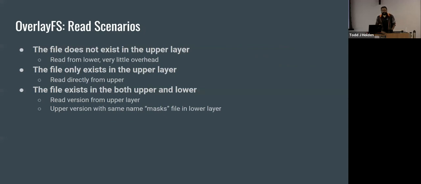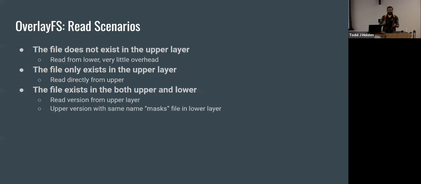So again, there are a couple of scenarios depending on what you're trying to do, so let's look at the read scenarios. Let's say you want to read a file that does not exist in the upper layer. You read from the lower with very little overhead, you just have to go down one level. If the file only exists in the upper layer, you can read it directly from the upper layer.